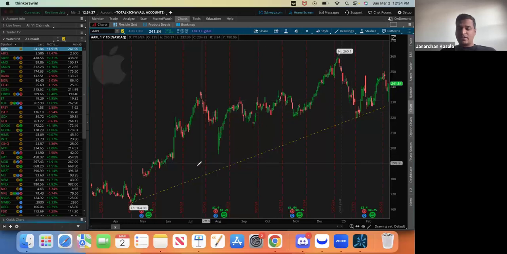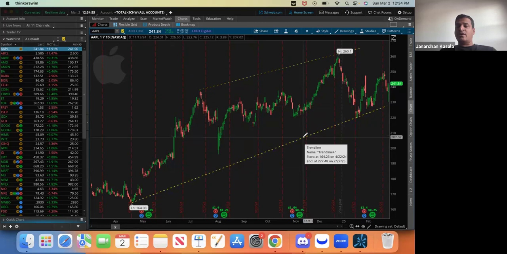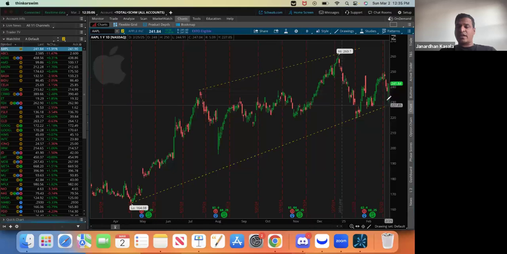This is a bullish trend, so I want to take a long position. If you want to take a long position, where is your support? There are different ways of identifying supports. Say this is a trend line, and I have identified this as my support. So this is where I would wait for price to come down here, and then I enter here.